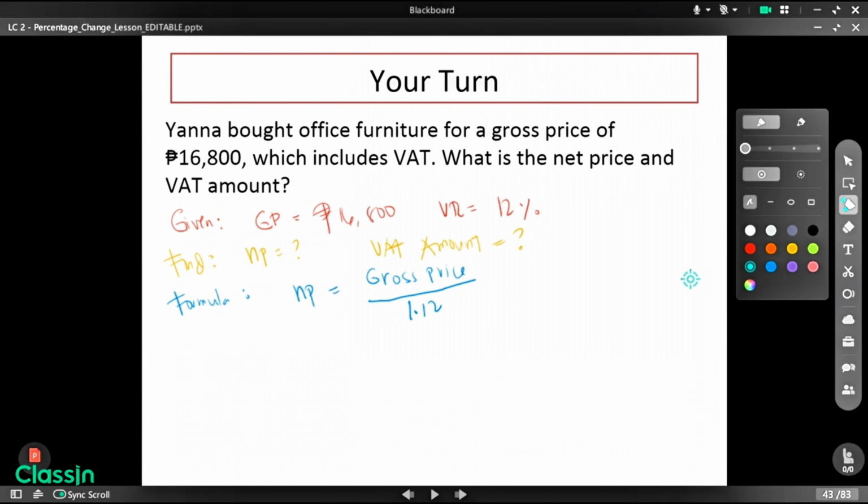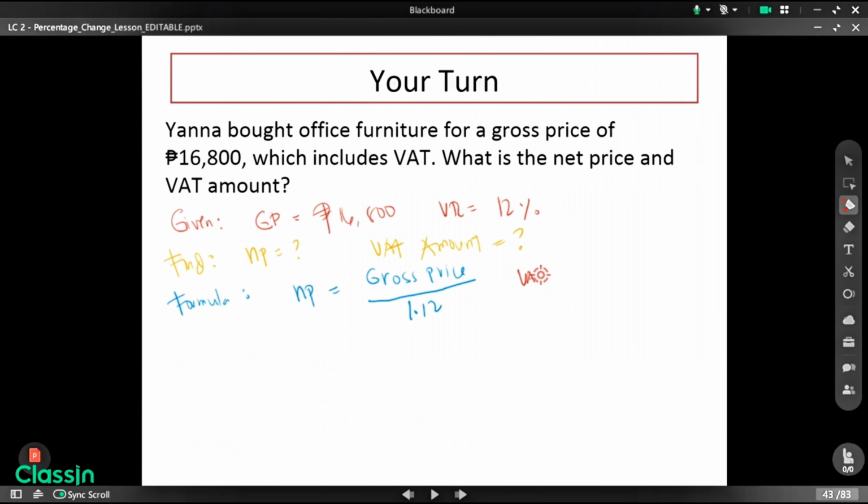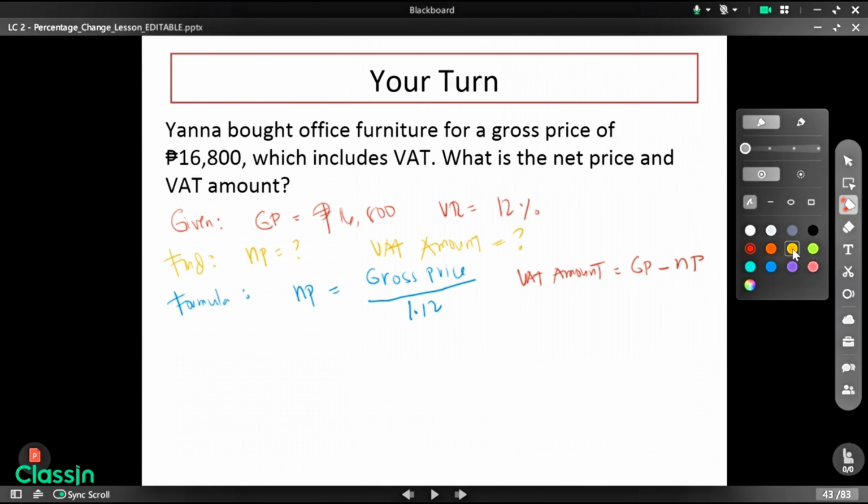So let's do it. And of course, in getting the VAT amount, it is gross price minus the net price. So let's proceed with the solution.